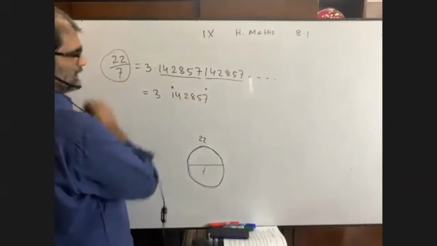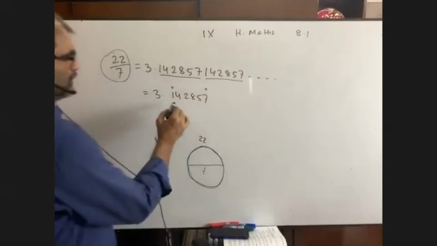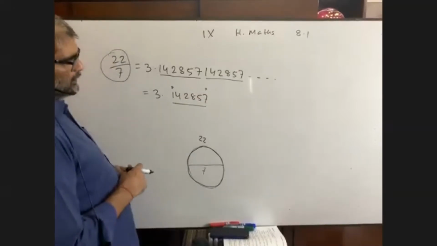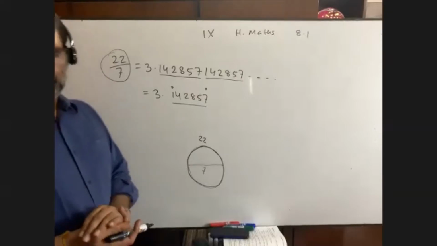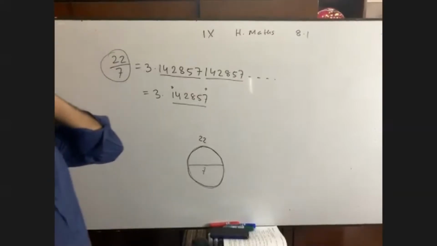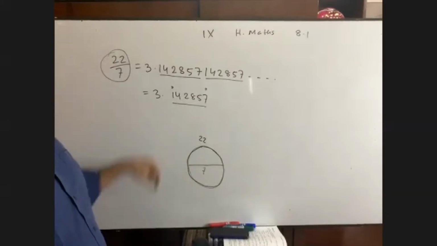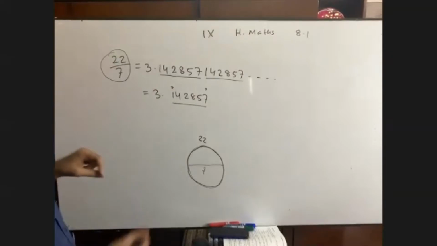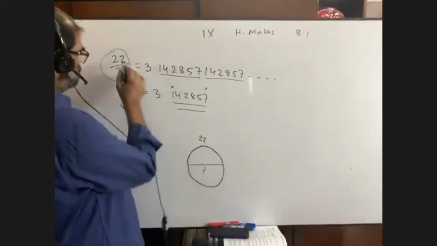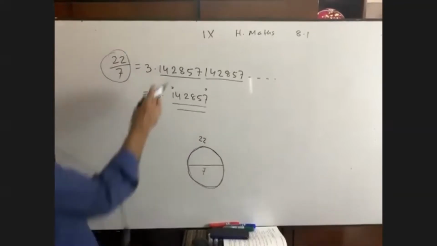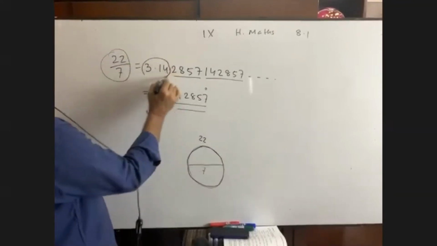That means it will be terminated, it will be repeated. So it's not an irrational number. At the very beginning, telling you about pi, I told you that pi is non-repeating, non-terminating, but it is repeated here. So 22 by 7 is not the exact value of pi, though the first 3 digits, we get it.